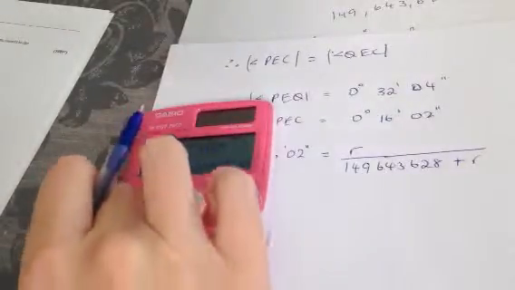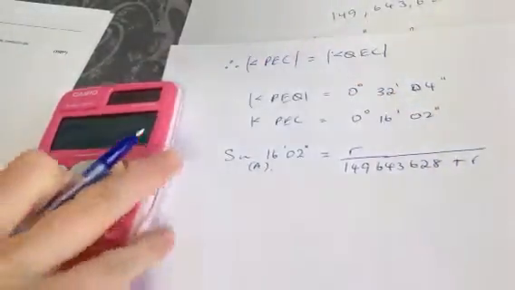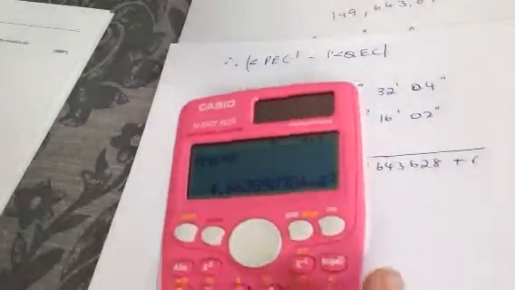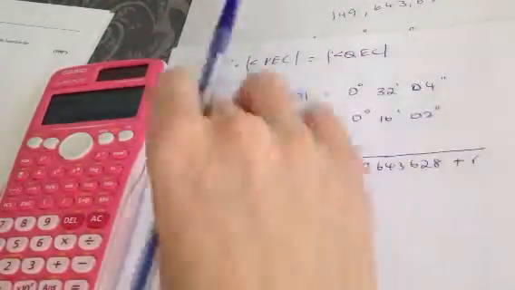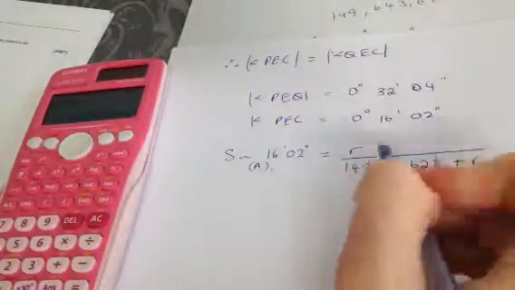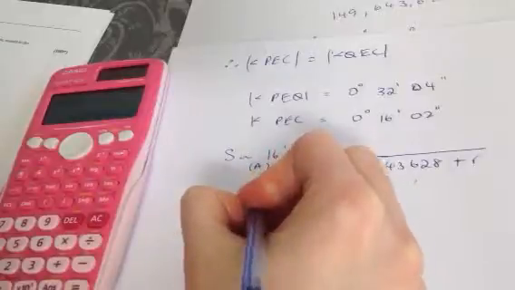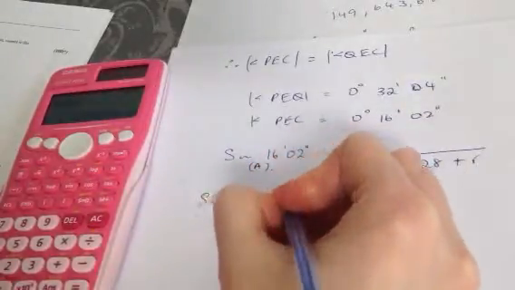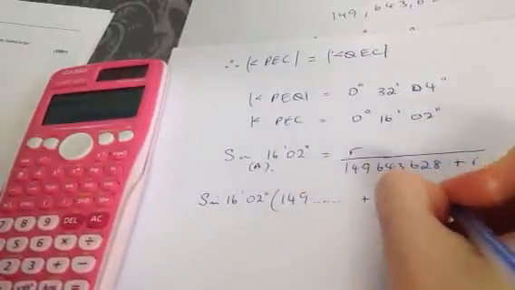Now I'm going to store that as A. And I'm going to bring this over, it becomes multiply, so it's the sine of 16 minutes 2 seconds times 149,643,628 plus r is equal to r.